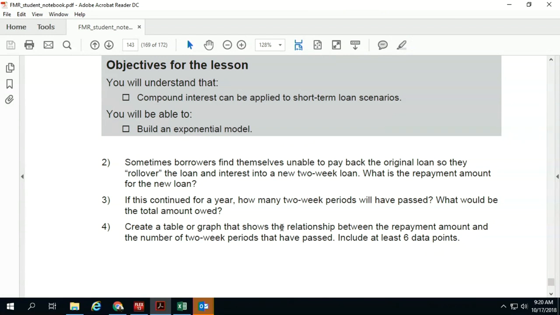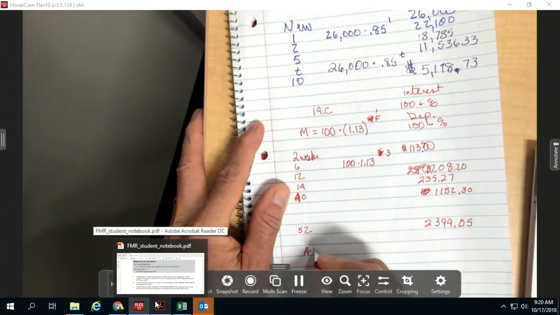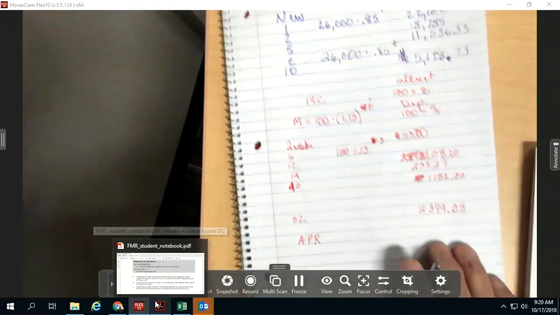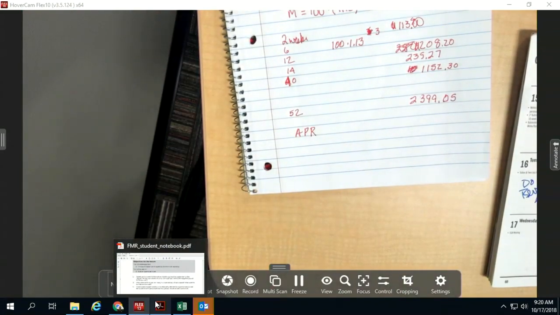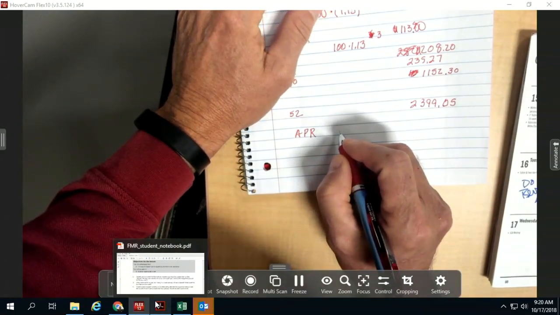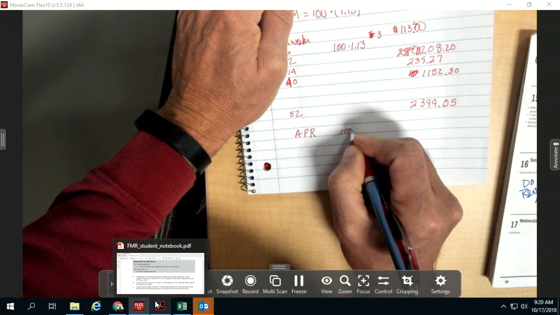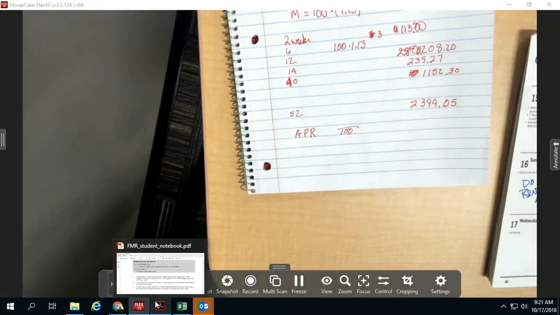If this continued for a year, we said 26 weeks, and then what would the total be? $2,399.05. If we were going to change that into APR, first of all, we have to remember, what does APR stand for? Annual percentage rate, okay? So if we change that into APR, APR is the amount of interest divided by the amount that you started with.